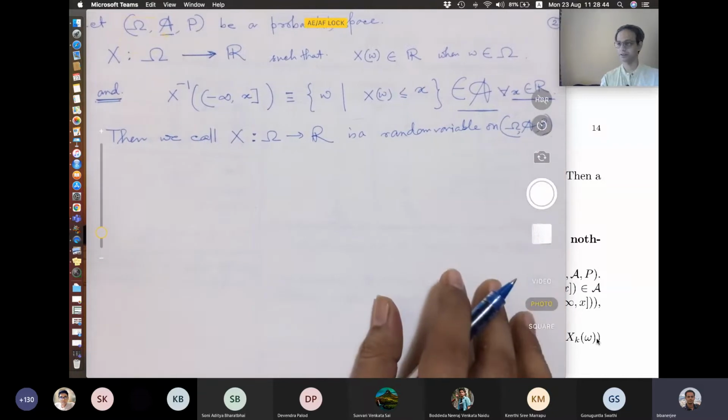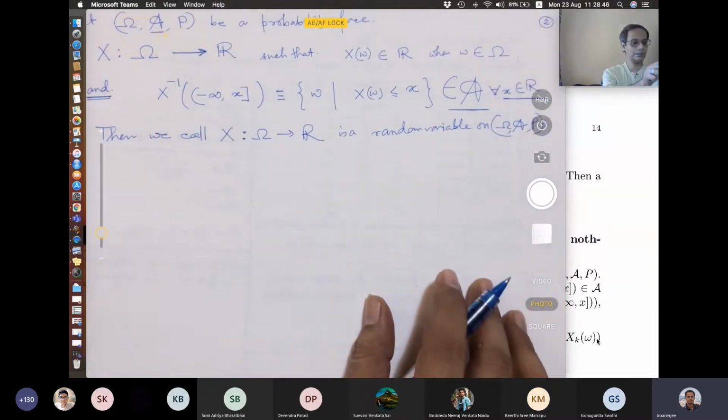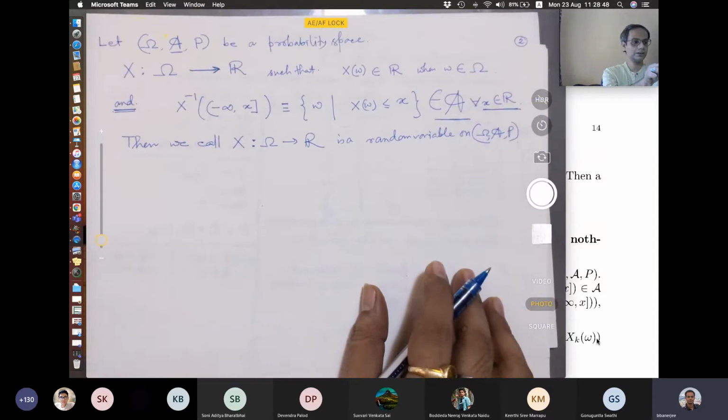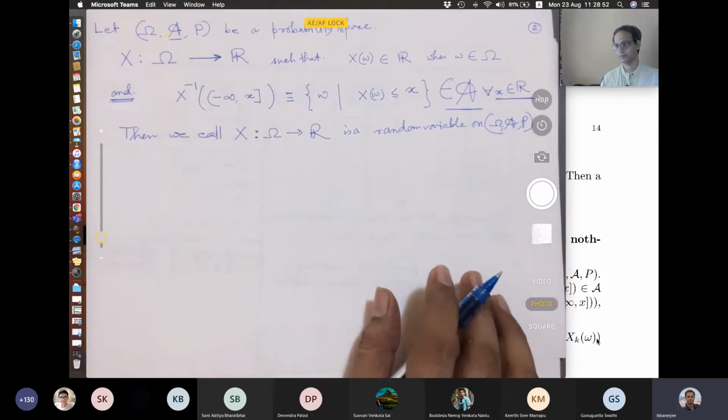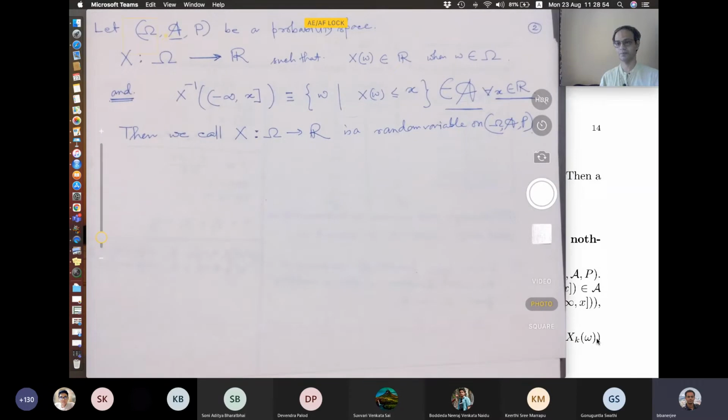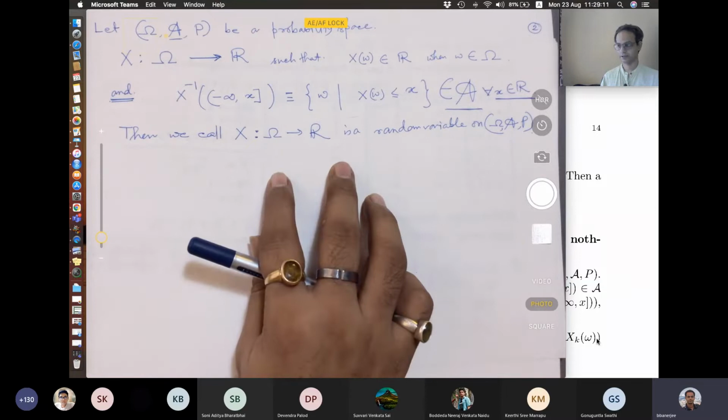So this is the complete definition of a random variable that you can think of. At your level, this much we can technically say. It can be made more sophisticated and more technical, but at your level, based on whatever previous knowledge and training you have, we can have this definition.